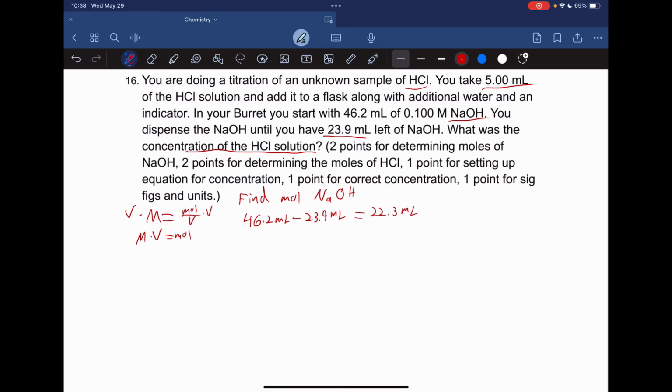22.3 milliliters. Now, since we're multiplying a molarity times a volume, we need to convert that into liters, so this is 0.0223 liters. All right, now we have everything to find the moles.